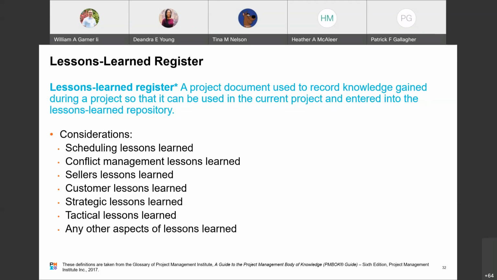Tactical lessons learned answer the question: if you were to do this type of project again, what should you stop, start, and continue so that you can effectively execute flawlessly? They focus on developing the recommendations, reviewing recommendations with other managers and the departments, and then developing implementation plans and then implementing them. Other aspects of lessons learned include scope, schedule, cost, quality, and customer satisfaction, as well as any corrective action taken in response to issues.